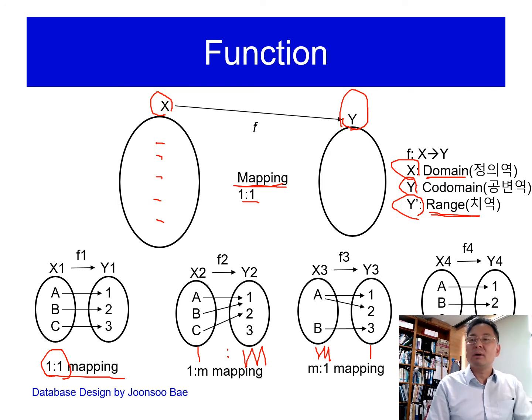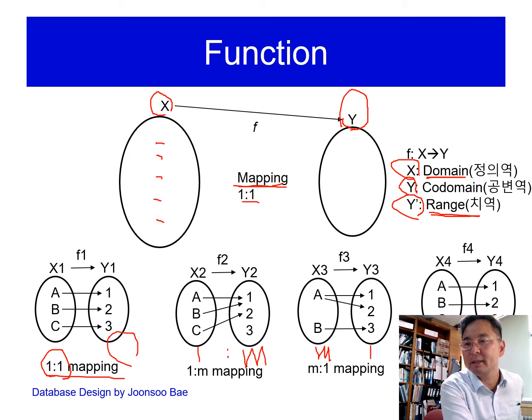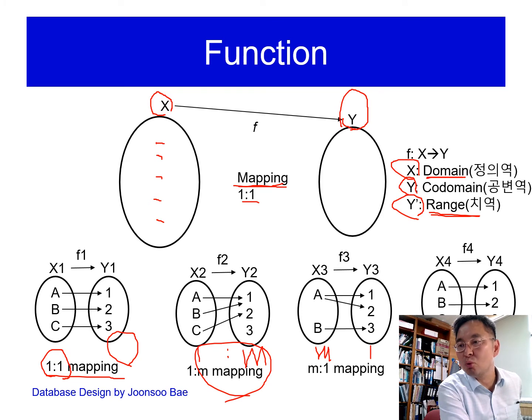Among these four types of mappings, only two, F1 and F2, are called functions. This one-to-one mapping is also a function, and one-to-many mapping is also a function. But we do not call many-to-one mapping a function.